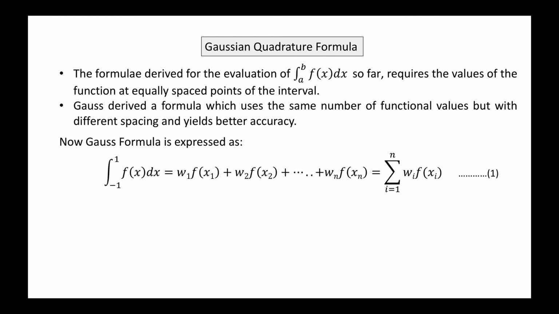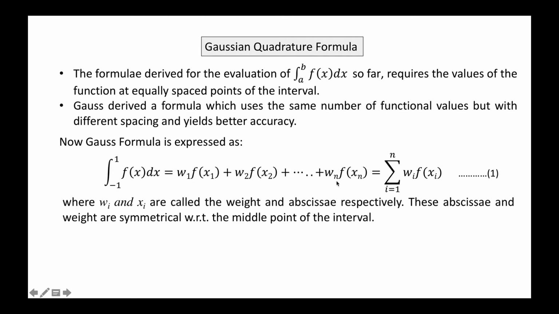Now the Gauss formula is expressed as a definite integral with limits. It is to be noted that the limits are from -1 to 1 in the Gauss formula. The integral of f(x) dx is equivalent to w1 f(x1) plus w2 f(x2) and so on up to wn f(xn), or in summation, i from 1 to n, wi f(xi). This is our first equation, where wi and xi are called weight and abscissa respectively.